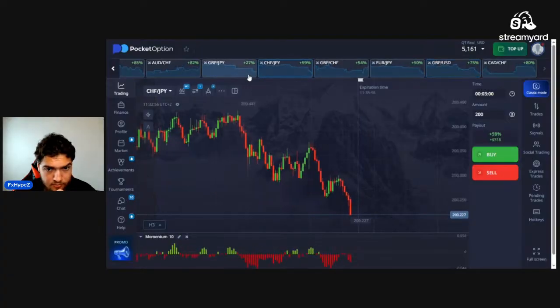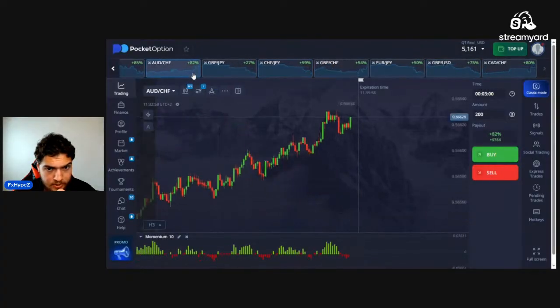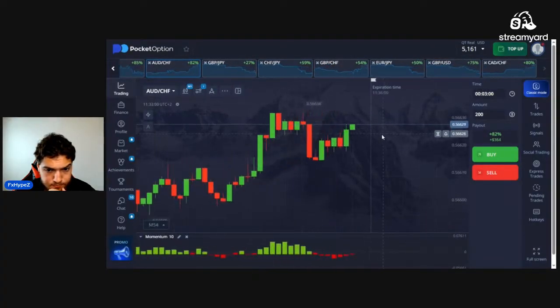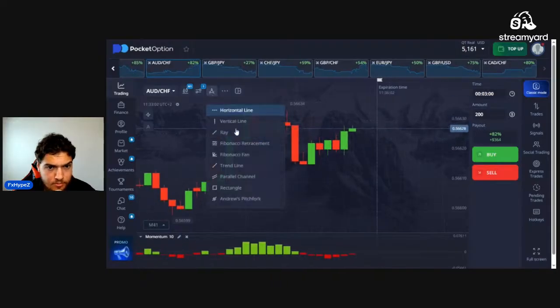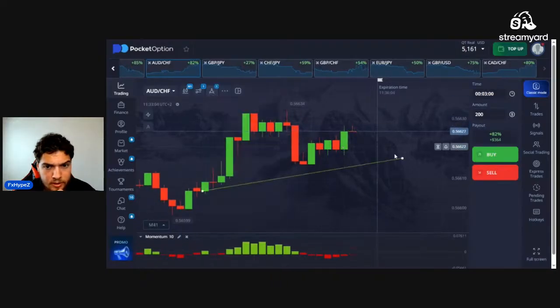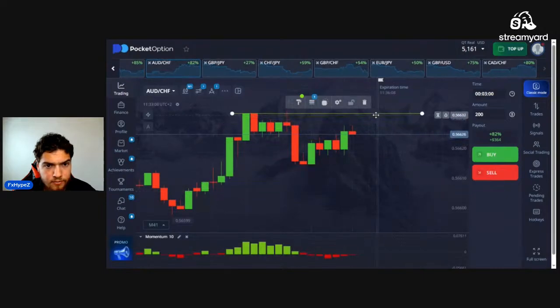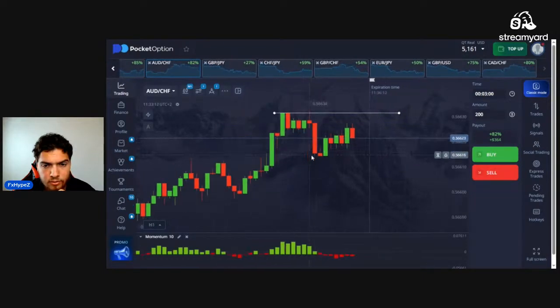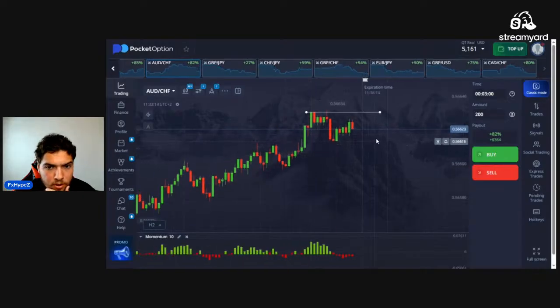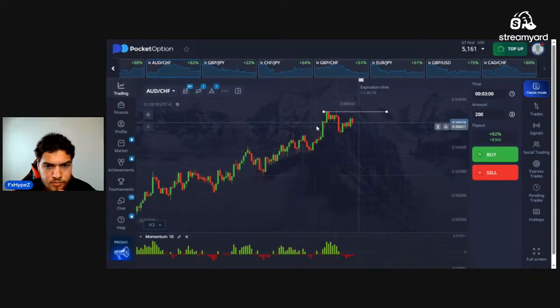Okay, so we've got a bit of volume that's kicked in here, which I'm liking the looks of. So odd CHF is lagging behind the other CHF pairs. Momentum is obviously bullish on the 1 minute.